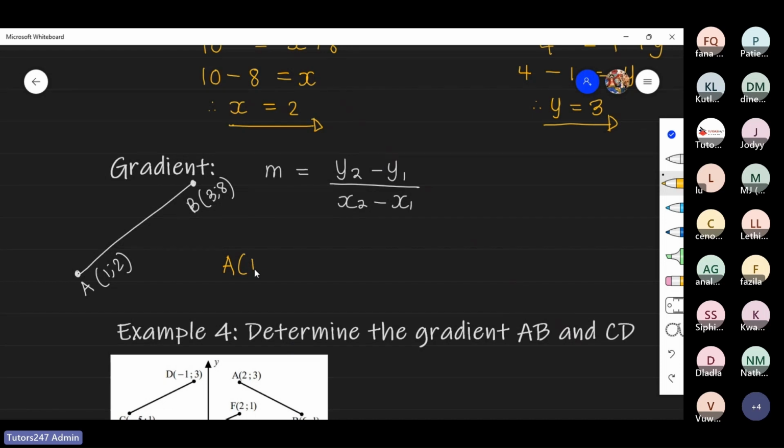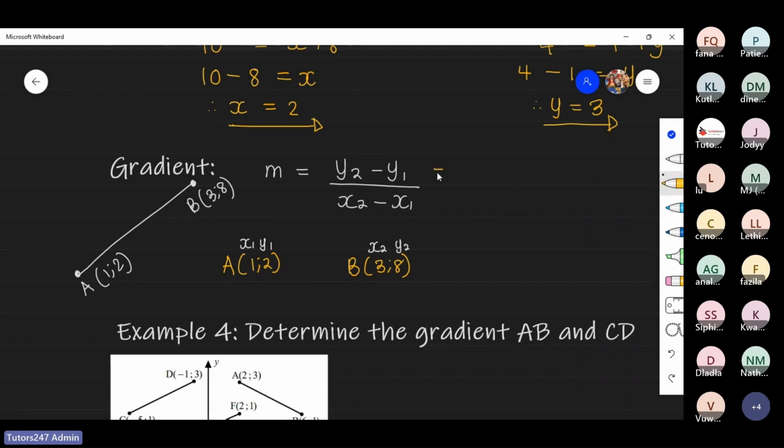My coordinates of A are 1 and 2. My coordinates of B are 3 and 8. A, I'm going to make x1, y1. B, I'm going to make x2, y2.